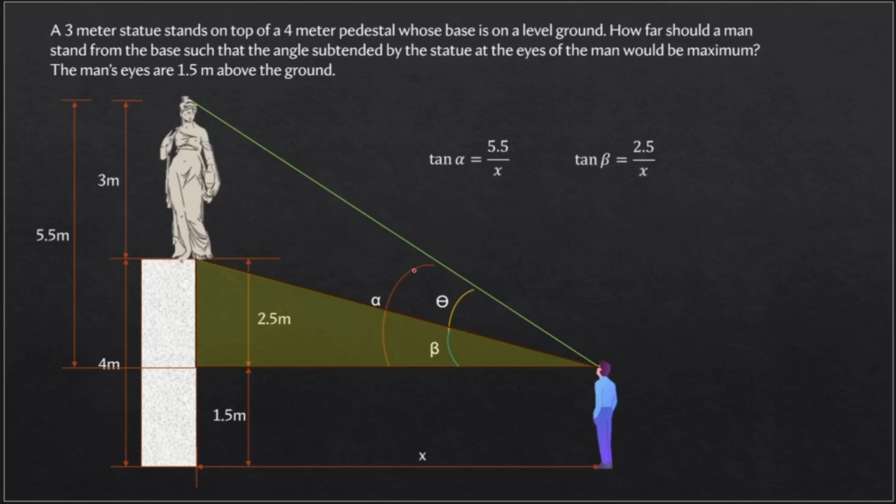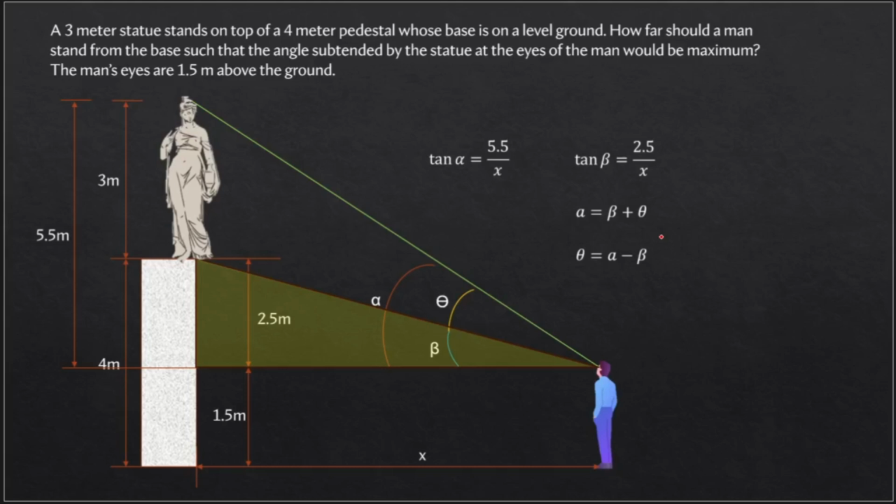Now, looking at the figure, the angle alpha is equal to beta plus theta. However, since we want to maximize the angle theta, it's best for us to isolate it. So we would have theta equals alpha minus beta. So you can just move this one here. So alpha minus beta equals theta.